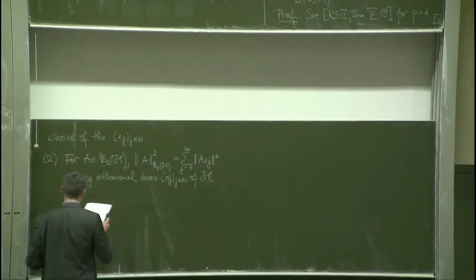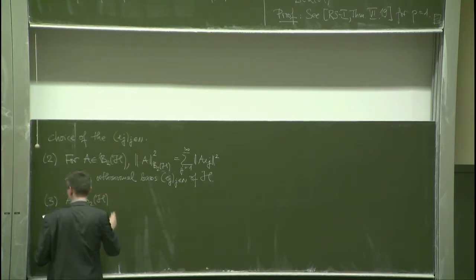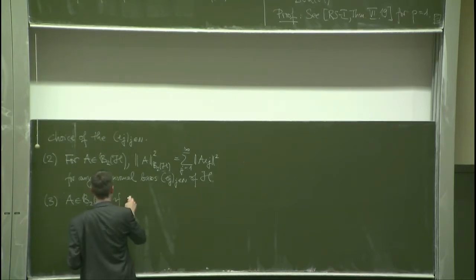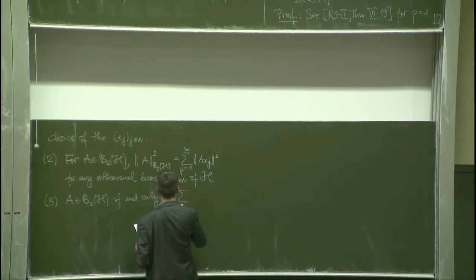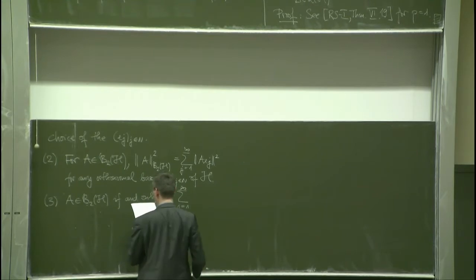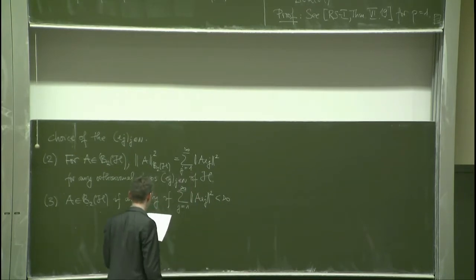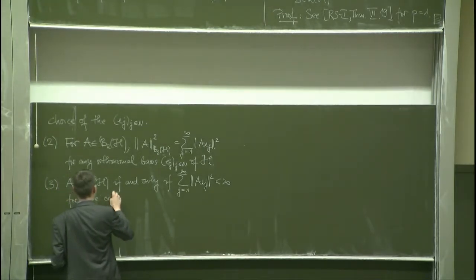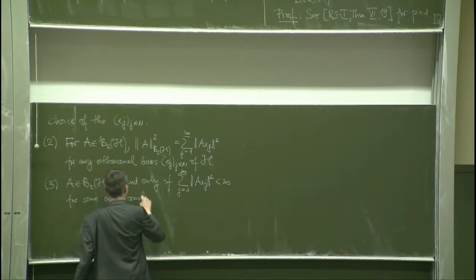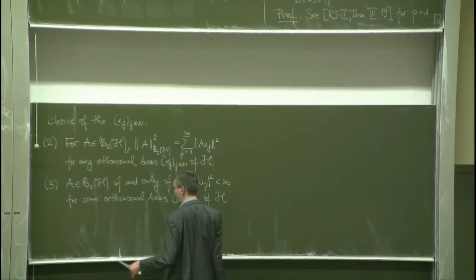And finally, number 3, we also have that A is in the class B2 of H if and only if the sum over j of the norm of A e_j to the power of 2 is finite, and this holds for some orthonormal basis e_j of the Hilbert space.